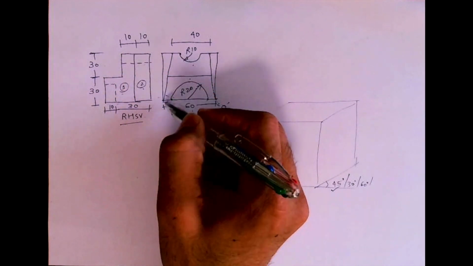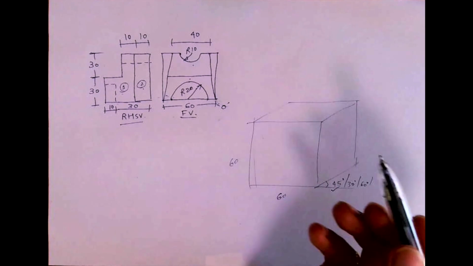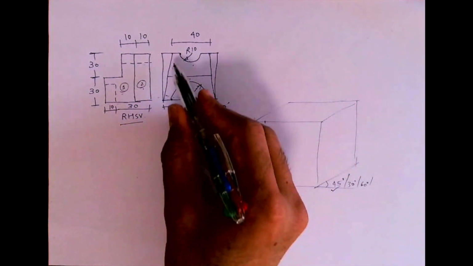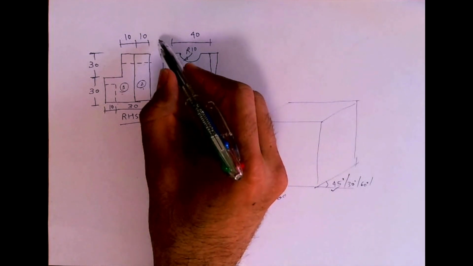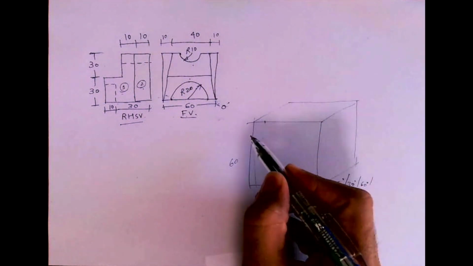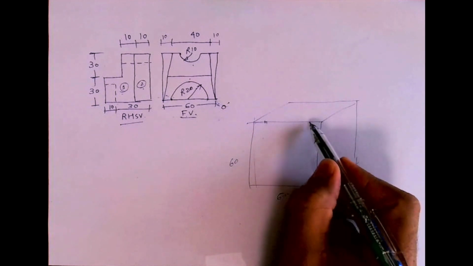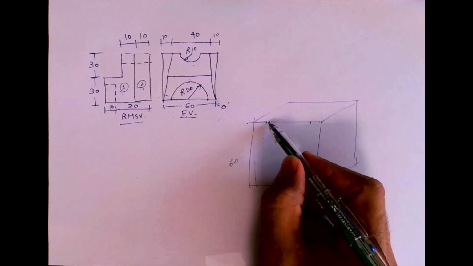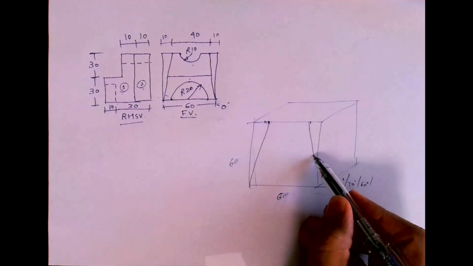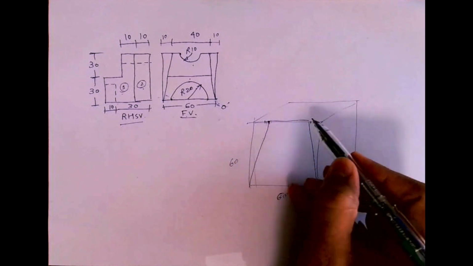If you see this, there is a slope. So it's always better to draw slope, and whenever you're drawing, always draw it from the main box. Don't start in between. So this is 10 on both the sides. So you leave 10 on both the sides and draw slope. See this.